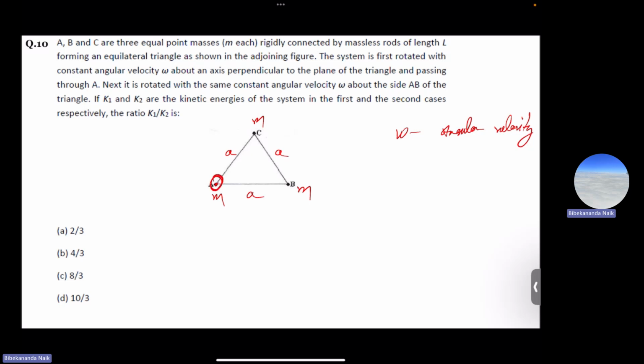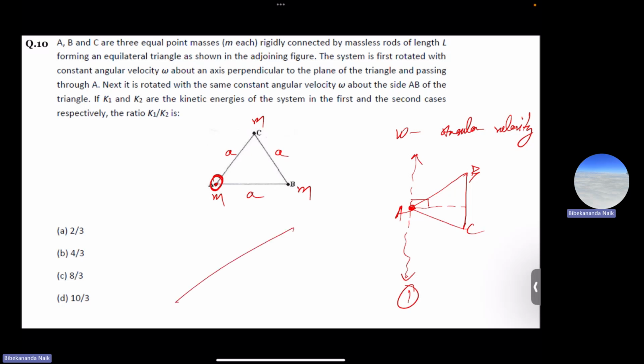Suppose this is the axis, which is passing through A, and this is the plane, so the axis is perpendicular to it. This is case 1, and in case 2 it is rotated about the side AB.